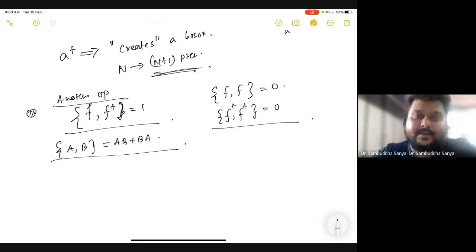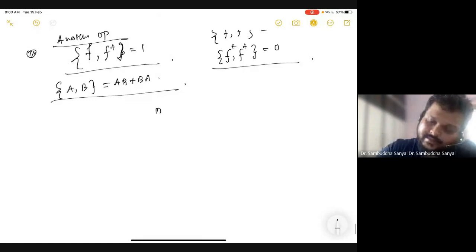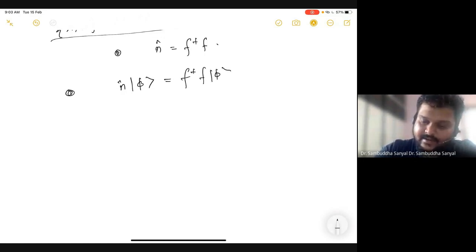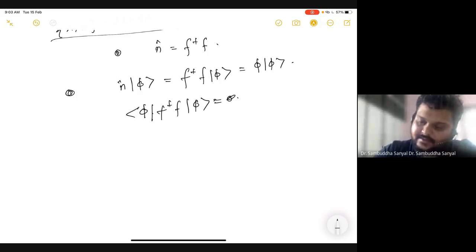So what kind of property will it have? Let's define a number operator n equals f dagger f, and then let's define how it acts on phi. Same exercise. f dagger f phi is some eigenvalue times phi, an eigenstate. So now I act this on both sides. Why will it be 0?